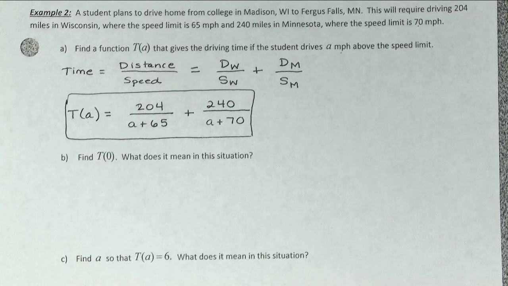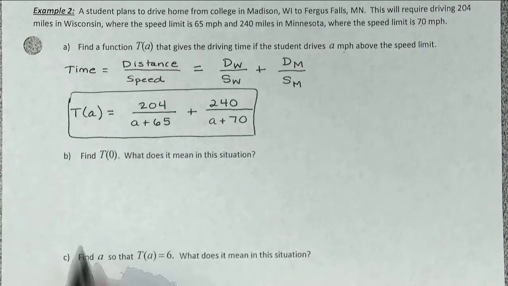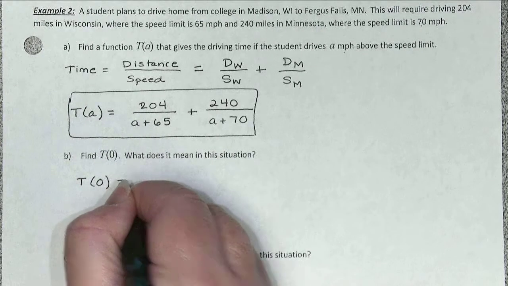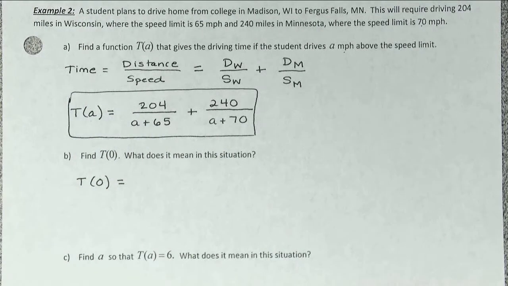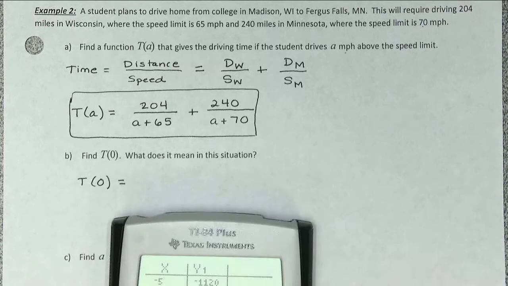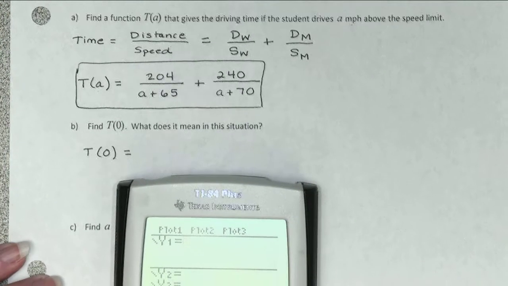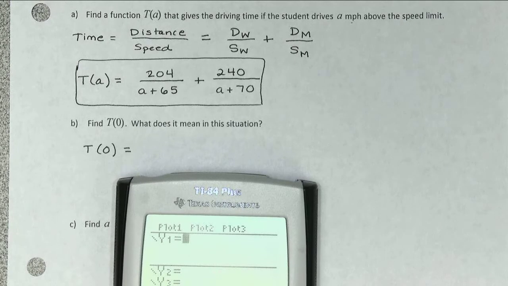Part B asks us to find t of 0. Although that's not a difficult thing to do by hand, I'm going to solve Part C using technology this time. So let's put this in the calculator since we're going to want to do that anyway. Again, if you're working with Desmos, that's an excellent choice. Calculator is just easier for me to show on my screen right now.